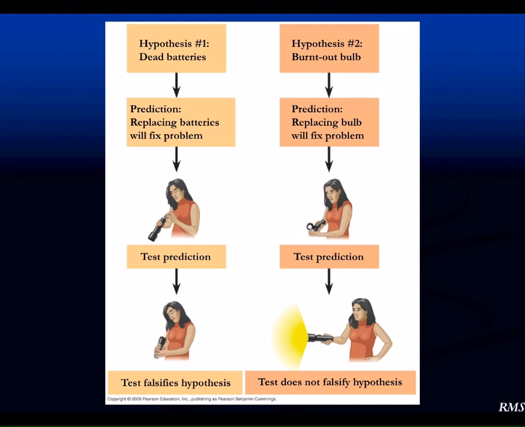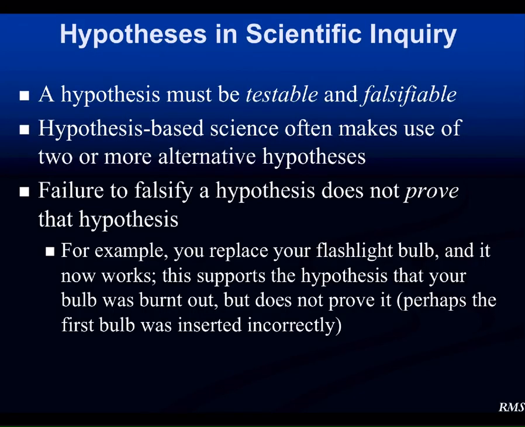Now, supporting a hypothesis, once again, just means there's evidence that says this is the way it works, but it does not guarantee it always works that way. So as I said, a hypothesis must be testable, and you have to have the ability to falsify it in some way. Hypothesis-based science also uses more than one hypothesis. There can be alternative hypotheses, as you just saw with that example.